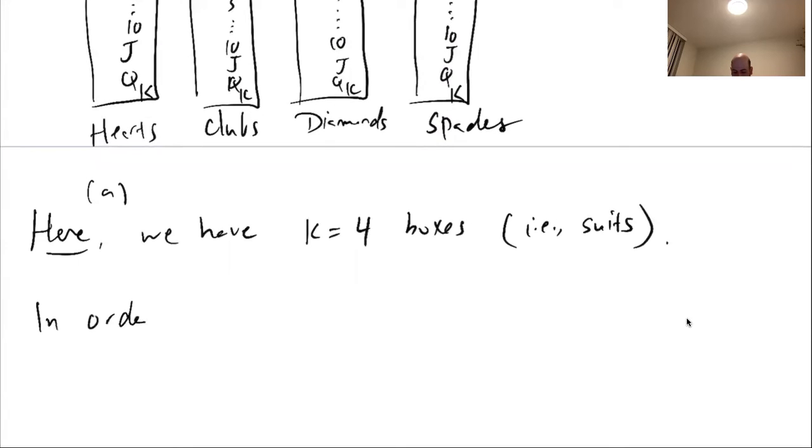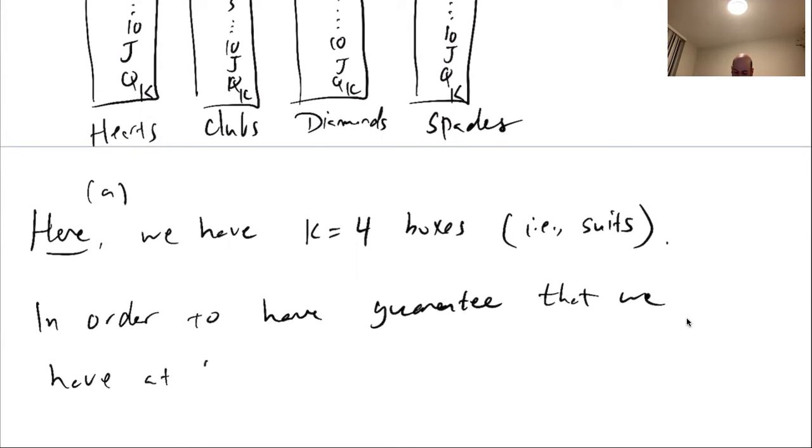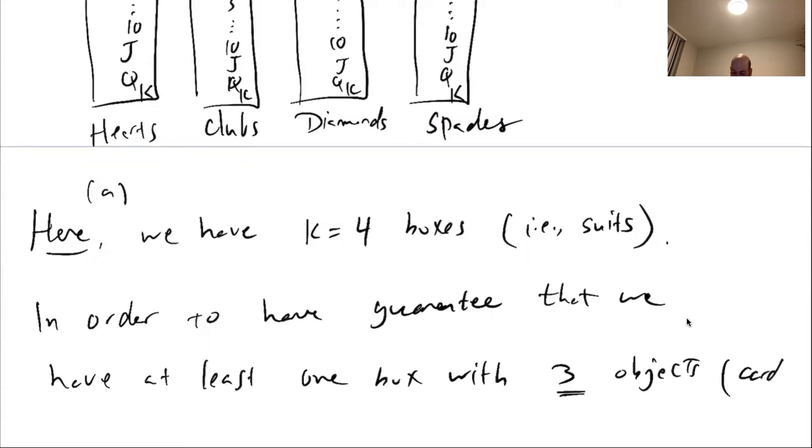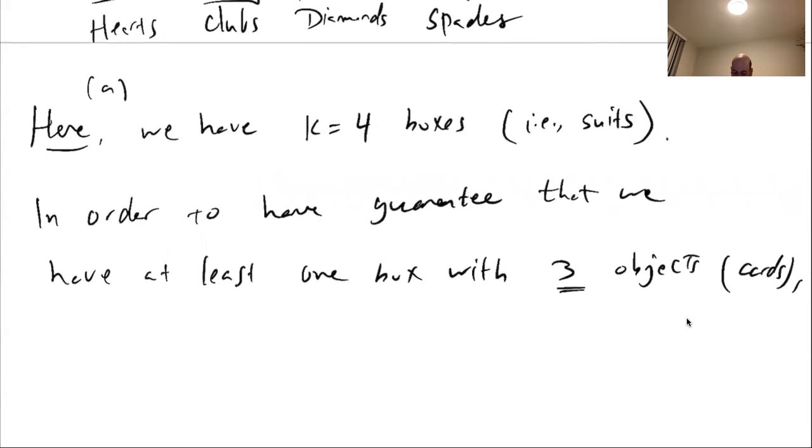In order to have a guarantee that we have at least one box with 3 objects, where the objects are cards, we use the generalized pigeonhole principle.